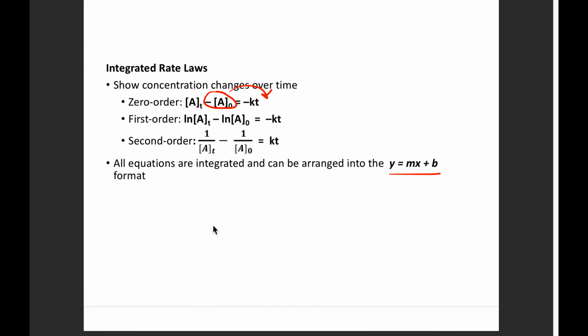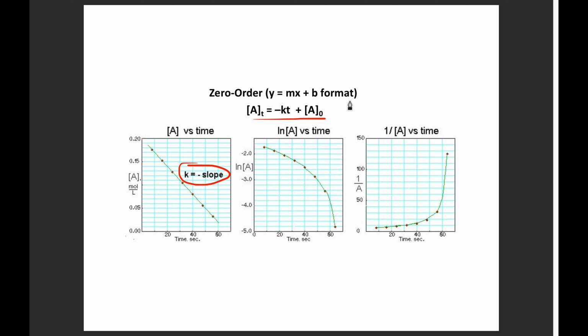Now, why do we do that? Well, if we get some data experimentally and plot it, we can plot it in three ways, following no log flipping. We can plot the concentration by itself versus time. We can plot the log of the concentration versus time, and then we can plot the flipped version over time. Because y equals mx plus b is the equation for a line, I can look at all three graphs and say, whichever one gives a line must be the order of my reaction.